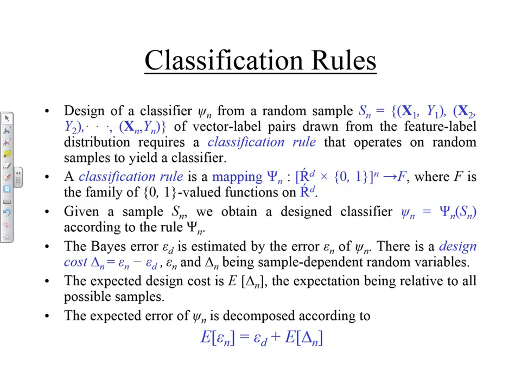So design of a classifier from a random sample Sn of feature-label pairs drawn from the feature-label distribution requires a classification rule that operates on random samples to yield a classifier.